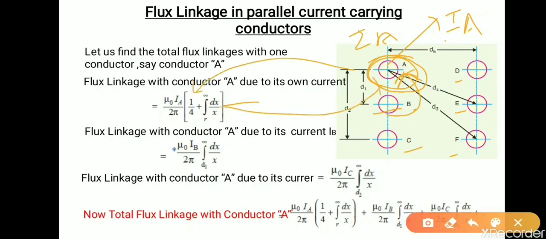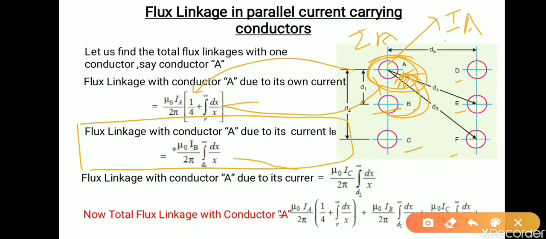But the flux linkage with the conductor due to the current IB will be an external flux linkage to the conductor A. We have to keep this in mind.